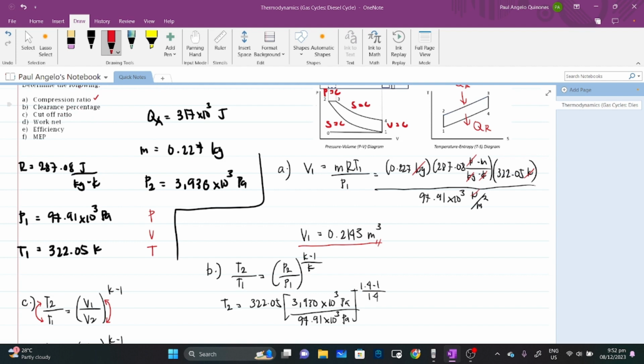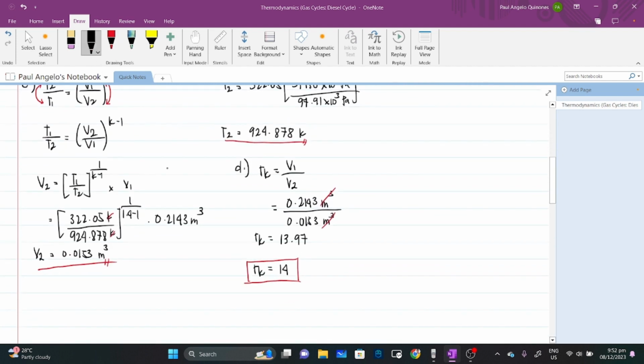The next one is the clearance percentage, so letter E. Now that we have our compression ratio, we can solve for the clearance percentage by using this equation, 1 plus C over C. Actually you can use shift solve here, but for your convenience, let's try to derive. Let's cross multiply.